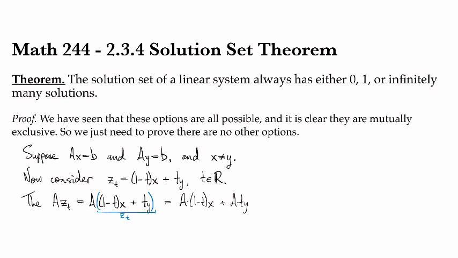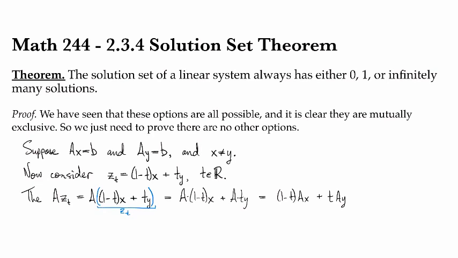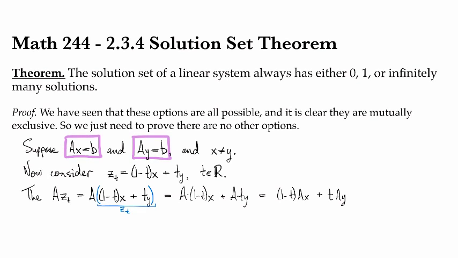Now here, t is a scalar, right? It's not a vector, it's just a scalar. So I can pull it out in front. And 1 minus t is a scalar as well. So I'll pull 1 minus t out in front. And I have Ax. And then I have t times Ay. And what can I do with this? Well, I started this story by making the assumption that Ax is equal to b and Ay is equal to b. So using those substitutions here, I have (1 minus t) times b plus t times b.